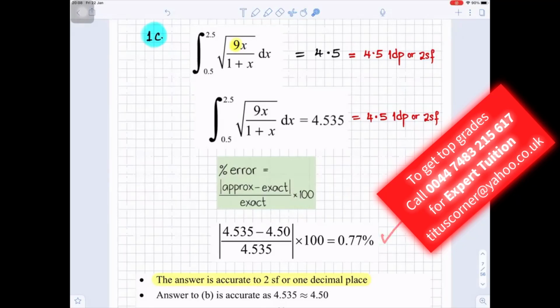That gives us 0.77%. That is accuracy of less than 1%. So the answer is accurate to two significant figures or one decimal place, because to two significant figures or one decimal place, they have the same value. So the answer to B is accurate, as 4.535 is 4.50.